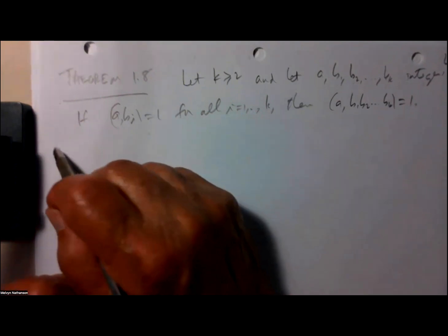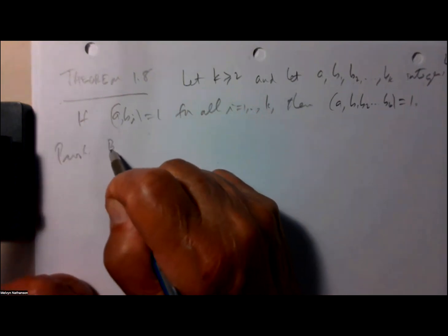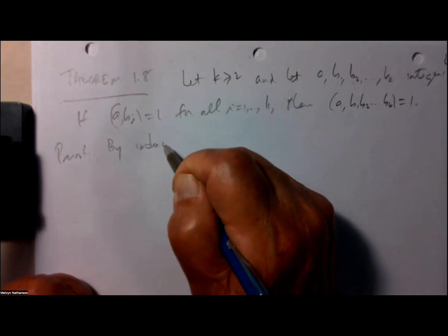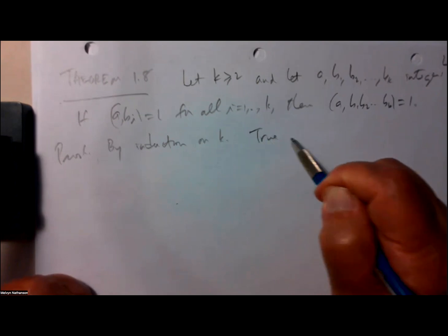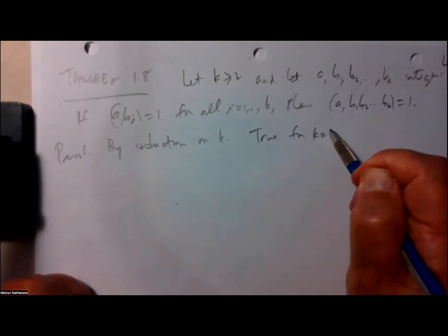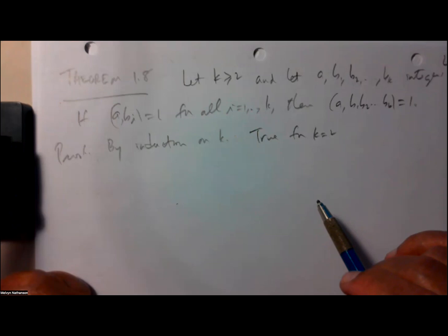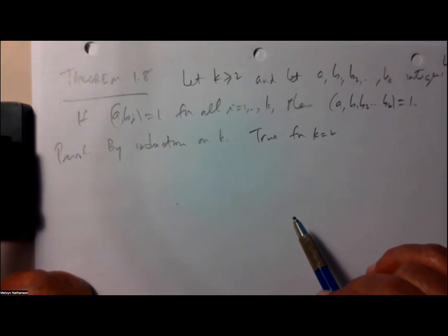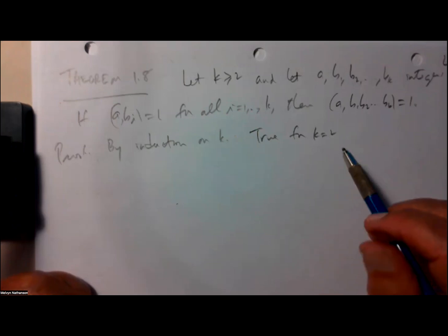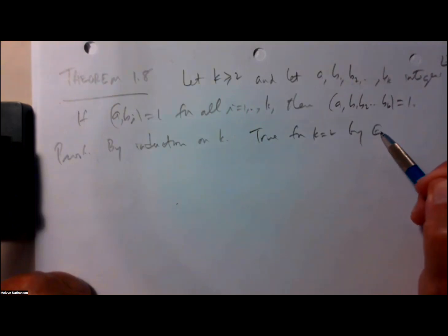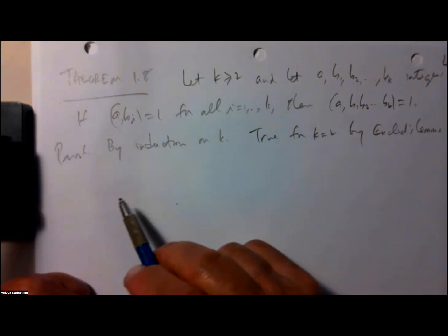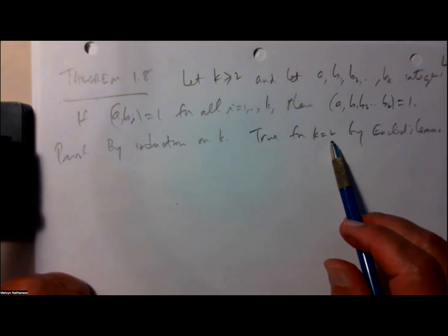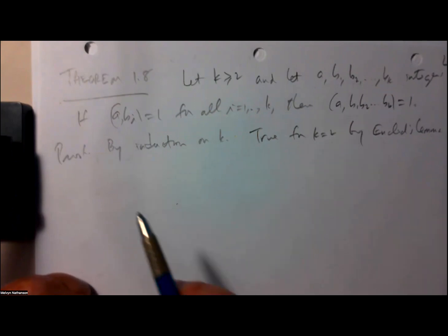And the proof is by induction on K. It's certainly true for K equals 2. For K equals 2, this is Euclid's lemma. Let me show you how Euclid's lemma for K equals 2 is exactly the statement.